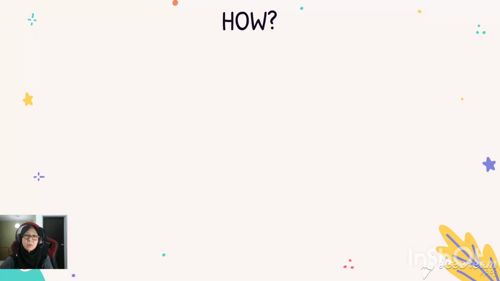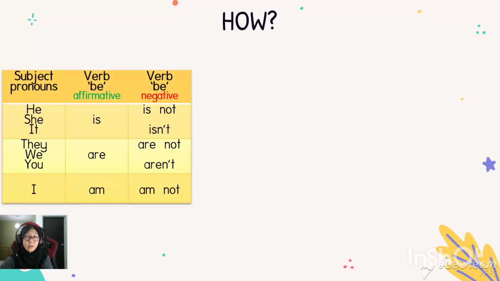Now, how do we ask questions? Do you still remember the table that I have shown you in the previous video? Well, good if you still remember. Okay, let's look at the table again.